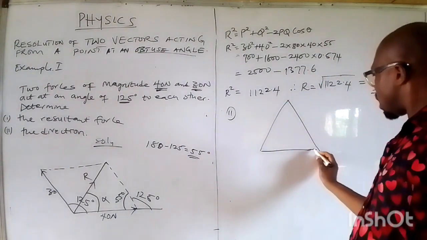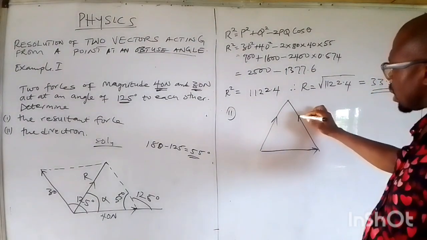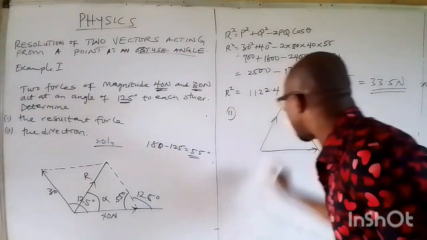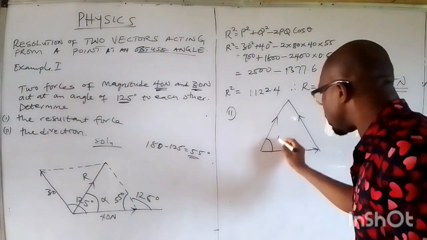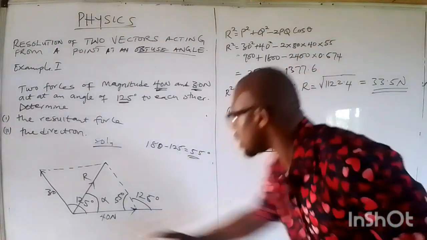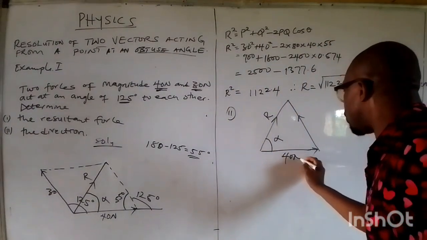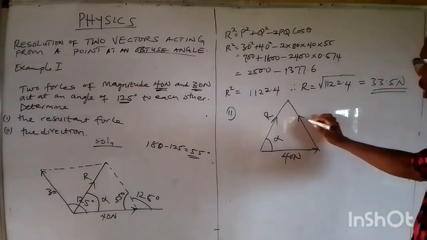Remember, this is a vector. This is our resultant. So here, this phi represents, this alpha please, we represent it. Here is our resultant. This side is 40 Newton. Remember, this side and this side are equal, therefore this side will be 30 Newtons.